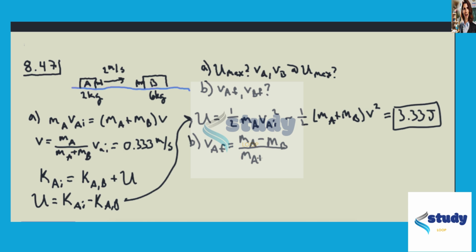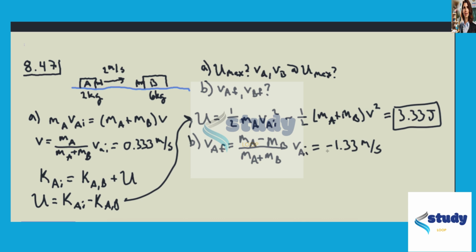So this is the equation that the chapter shows how to derive. It's the ratio of the difference of the masses to the sum of the masses times the initial speed of A. And so this gives us negative 1.33 meters per second.